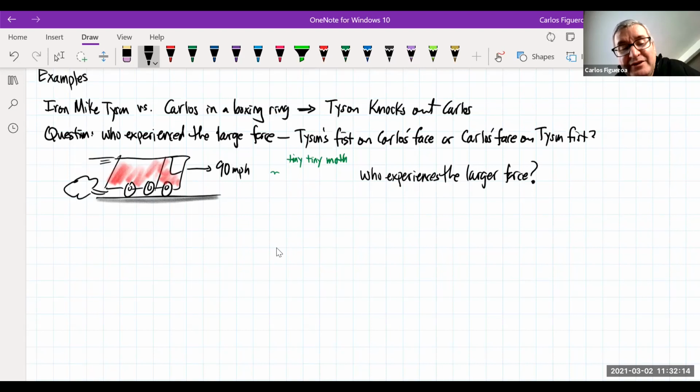You really believe that the force of this truck going 90 miles an hour is the same as the force of the moth on the truck? I don't know if I believe it, but I do and have internalized it because I have seen experiment after experiment after experiment. And in my bones, I know that they're the same.